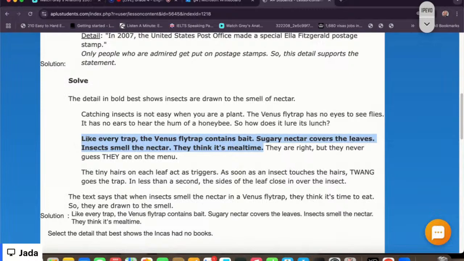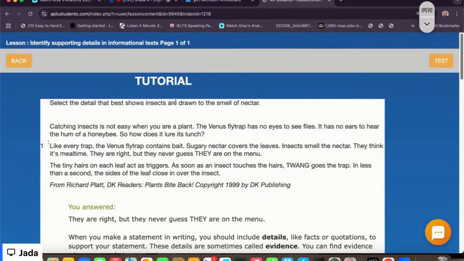Okay, so: like every trap, the Venus flytrap contains bait. So this is it. They are right, but they never guess they are on the menu. The text says that when insects smell the nectar in a Venus flytrap, they think it is time to eat. So they are drawn to the smell. Alright, so that is what supports the details here, that insects are drawn to the smell of nectar.